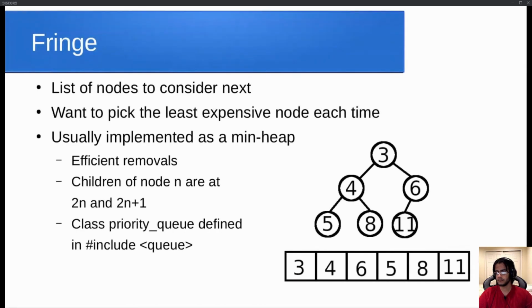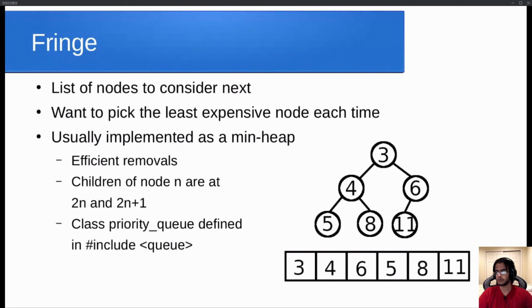And what makes this special is you do a little bit of work maintaining a structure with it every time you insert and every time you take out of the heap. By doing a little bit of work each time, you're able to get very efficient removals.